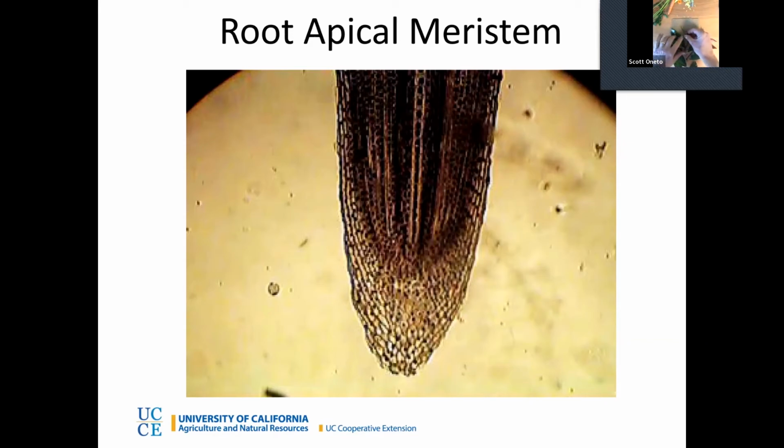And what we're looking at, of course, is a bunch of new growth. So if we look here towards the tip, so right in, peel this back here. So right here, tucked in here, is, of course, the shoot apical meristem.